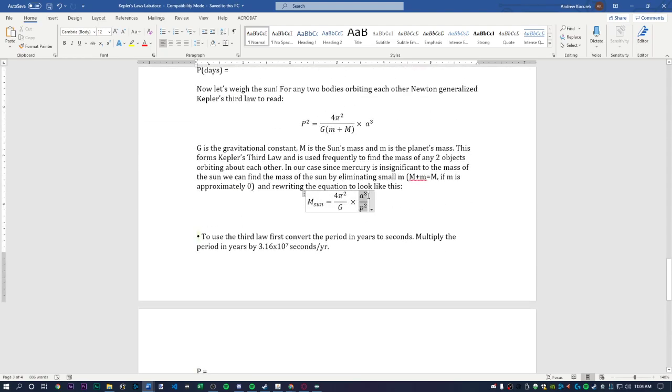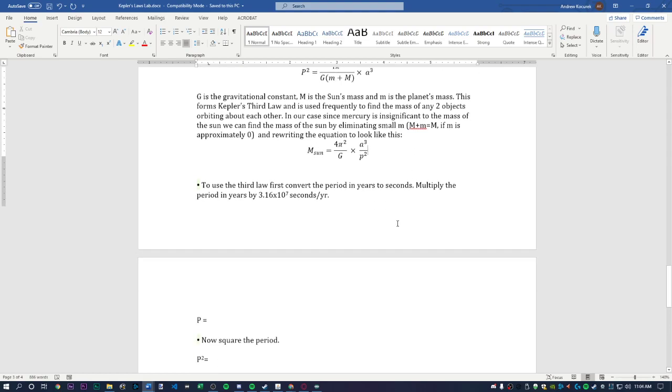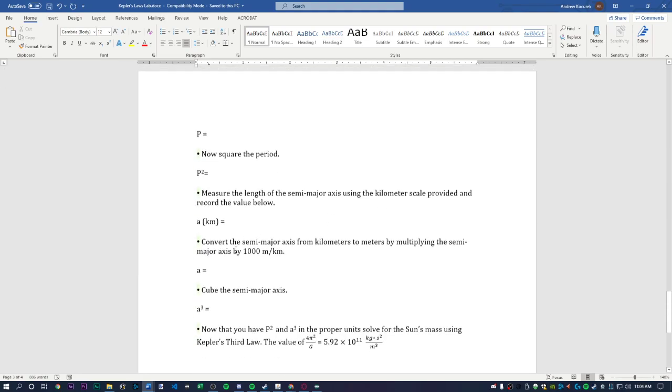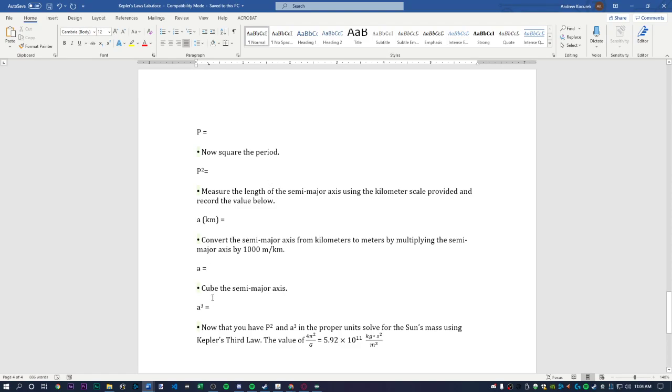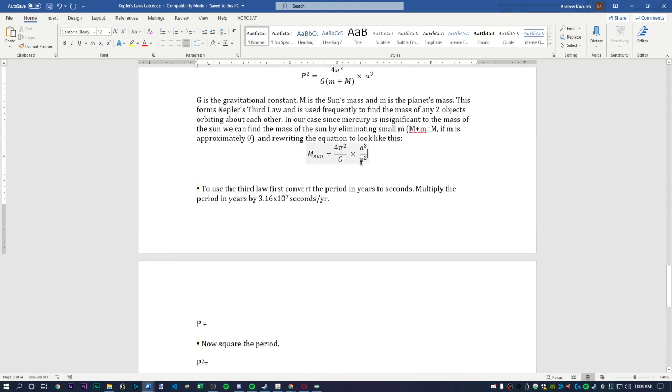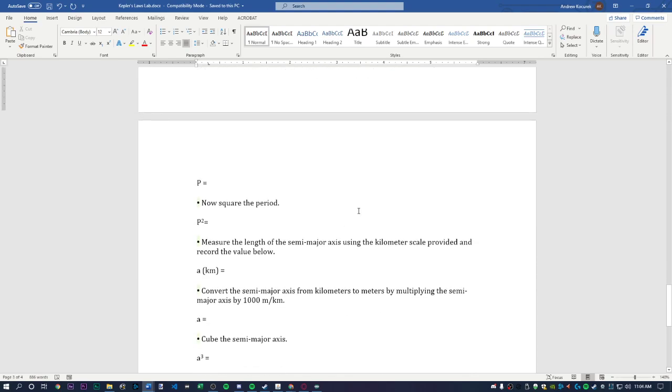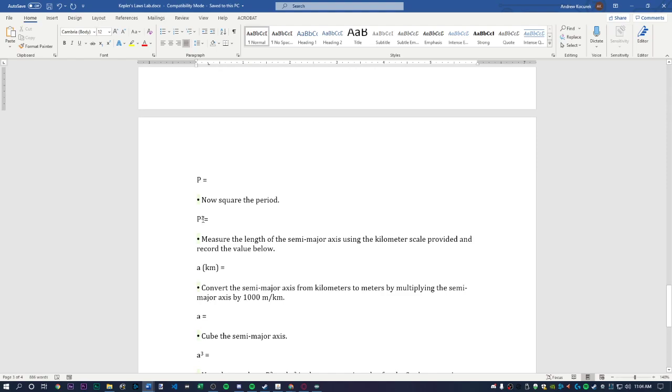You have your a cubed and p squared over here. You have everything in this equation now to get the mass of the sun. So your a cubed is going to be the semi-major axis in meters cubed. And your p squared is going to be your period in seconds squared.